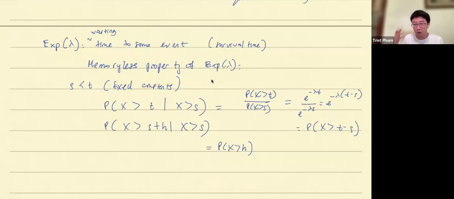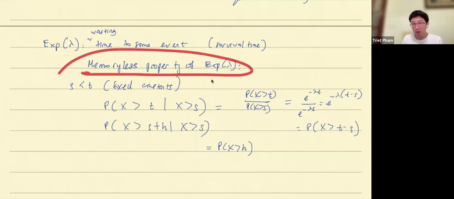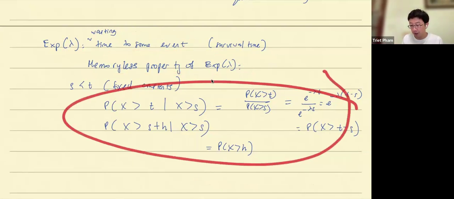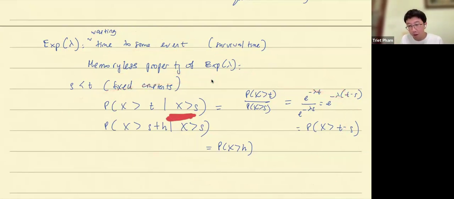I just want to say that if you use the exponential to model the survival time of something or the waiting time, then you must be aware that you have the memoryless property attached, and you must understand what memoryless means. It means that it doesn't remember that it has survived so long.